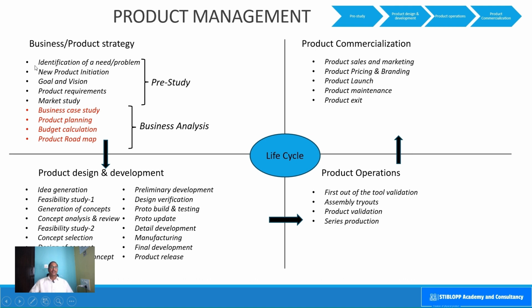So in this session, we will do the pre-study that involves identification of a problem, new product initiation, goal and vision, product requirements, and the market study. These four things I will explain to you during the advanced course.